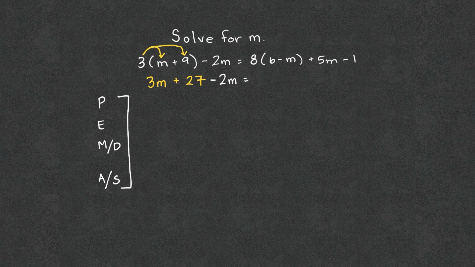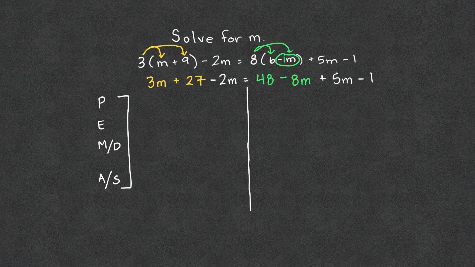I have 8 times 6, that's going to give me 48, and then I have 8 times a negative m. Remember, when we have a minus sign, that's going to stay with the number or symbol behind it. So that's 8 times a negative 1m, which is going to be minus 8m, or a negative 8m, plus 5m minus 1.